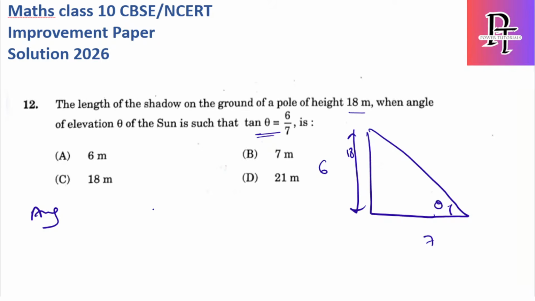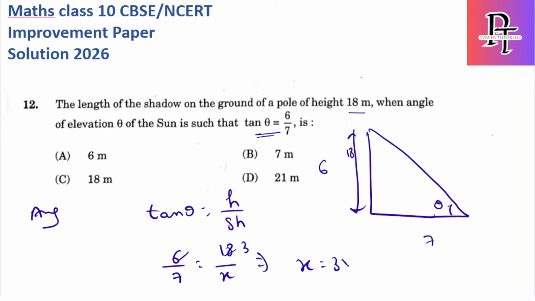So simply use tan theta. Tan theta is height by shadow. Okay, so tan theta is provided as 6 by 7. Height is 18 meters, and we need to get the shadow. Implies 6 into x is 18 times 7, so the x value is 3 into 7, which is 21 meters. So D is the right answer.